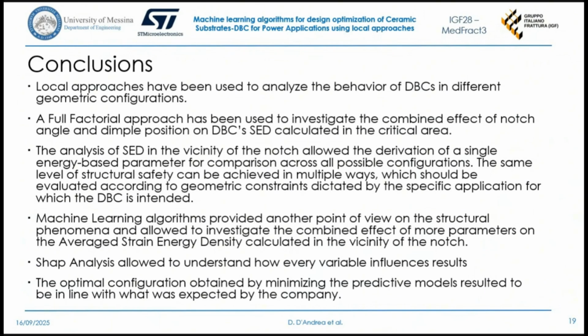And most importantly, we used an energy parameter, a local approach, to give a global parameter to compare more geometric combinations. We also used machine learning to obtain a different point of view on the problem, and it resulted to be coherent with what was expected.